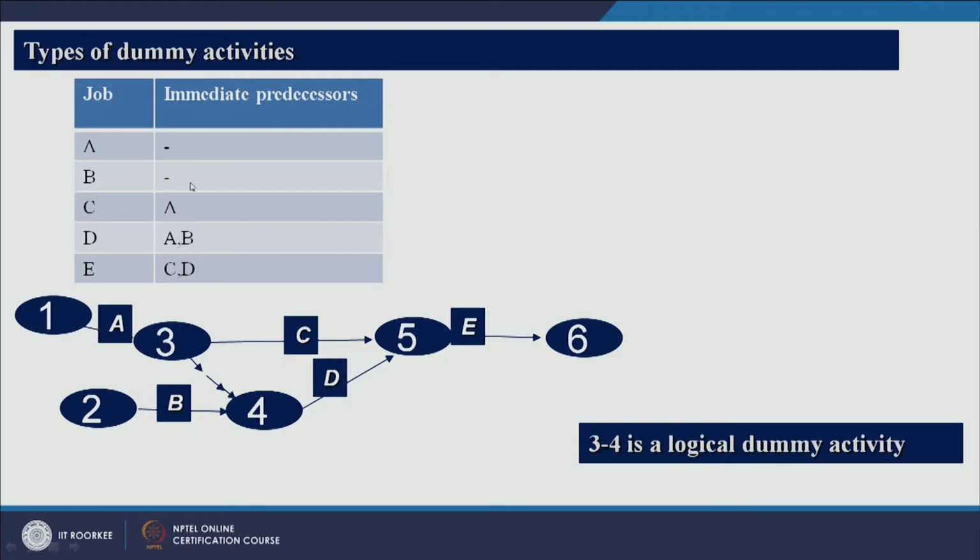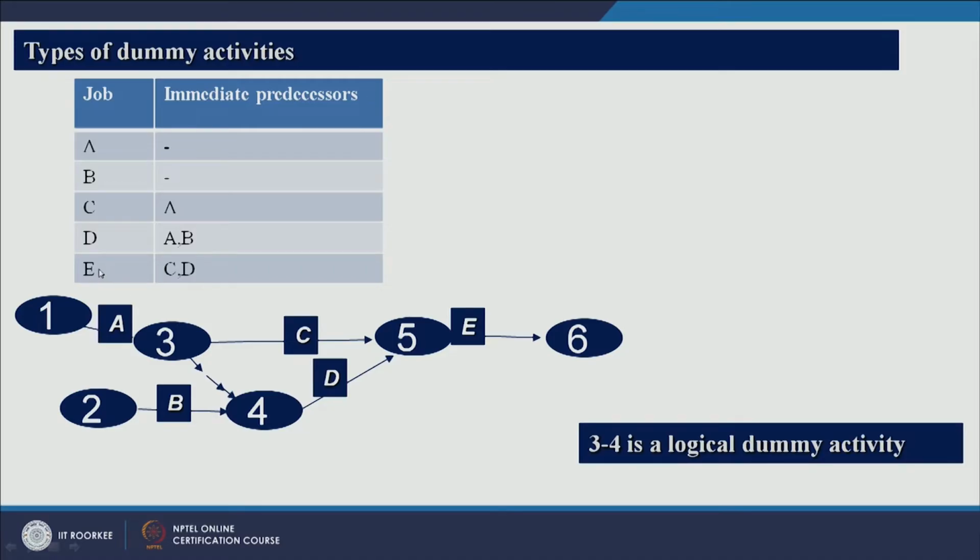Activity B or job B, its immediate predecessor nothing, so activity B is also a first activity, similar to activity A. If you look at job C, its immediate predecessor is A. Our activity C is this one, 3-5 is activity C. Immediate predecessors are A and B. Actually this B is connected with C through this dummy activity.